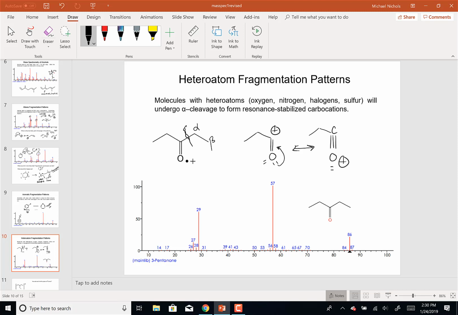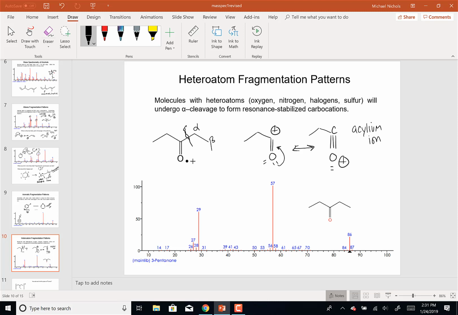And so in this case, we're going to call this an oxonium ion. The C plus, this middle species, is what's called an acylium ion.